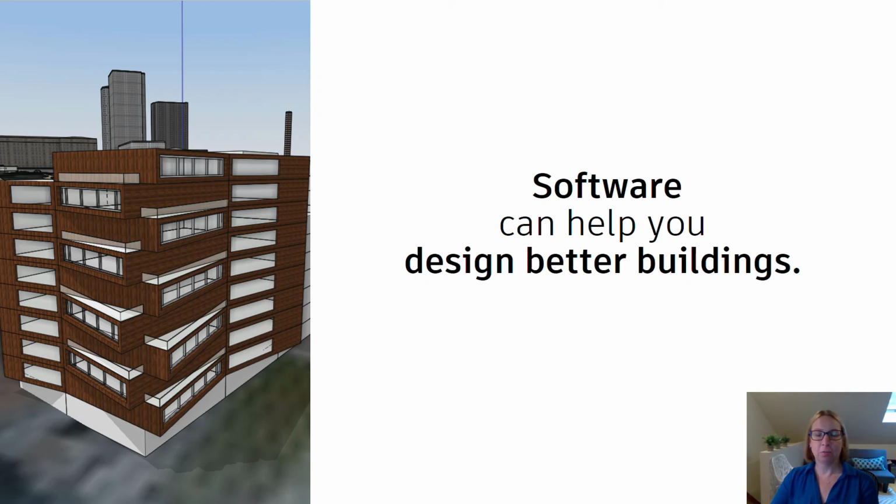At Autodesk and on the FormIt team, we believe that our software is a tool whose primary purpose is to help you design better buildings. And software can and should help you design better buildings, which will help with both the growing population and the climate crisis.